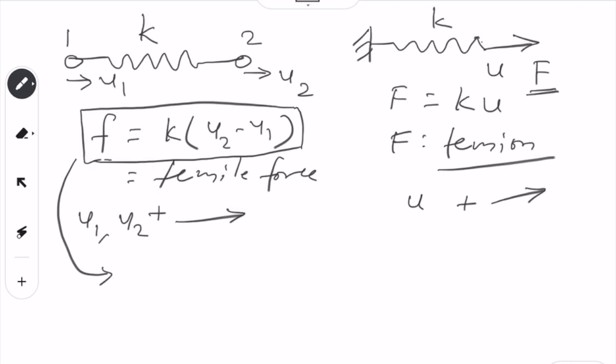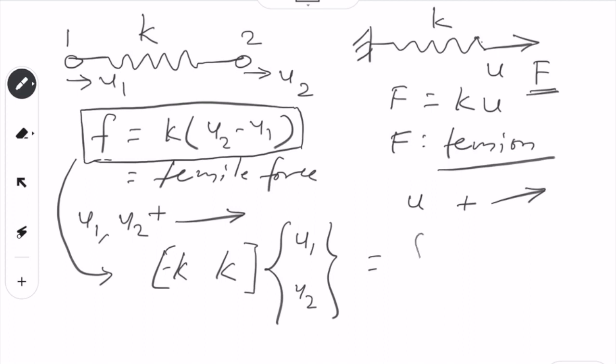What you see is u2 minus u1, so you write it as the matrix [minus k, k] times [u1, u2] equal to F. This equation we have written in matrix form because that way it will be convenient, and we will see how it is going to be convenient.